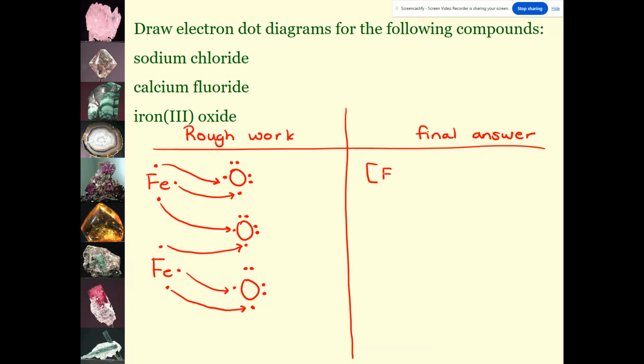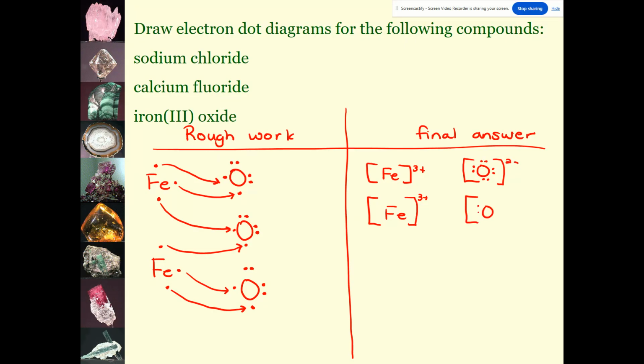So it took 2 irons to lose 3 electrons each. That should be +3. 2 irons each lost 3 electrons. And my oxygens each gained 2 electrons from the 6 that they started with to have a 2 negative charge.